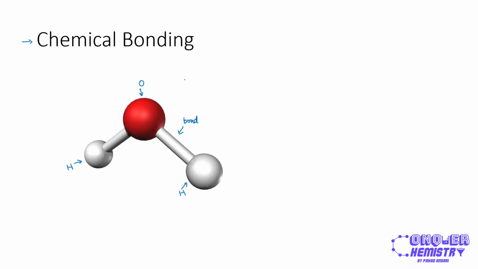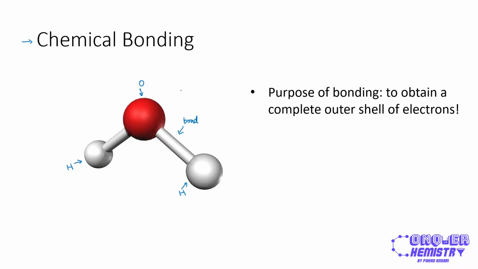Now, the reason why atoms of different elements form bonds with atoms either of the same element or of different elements is to gain a complete outer shell, right? That's the entire purpose of bonding.